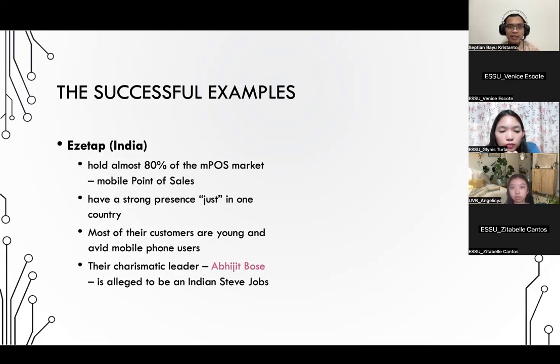And then they have strong institutions and they have engagement with young and avid customers. This is the power of EasyTap, because young customers are very accessible to mobile activity.